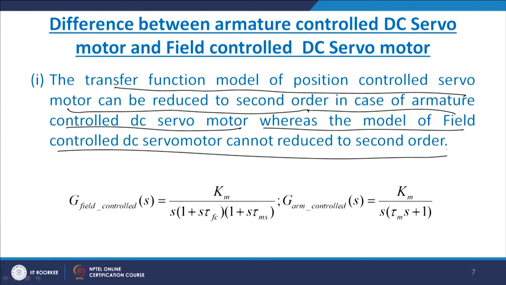Why is it so? Because in the armature control DC servo motor, the armature inductance is very, very small, so it can be neglected, and because of that reduction we have got a second order model. But in the case of field control this is not possible. We cannot reduce the field inductance to 0.